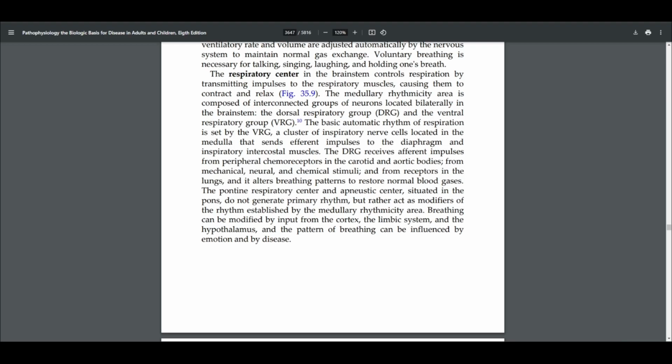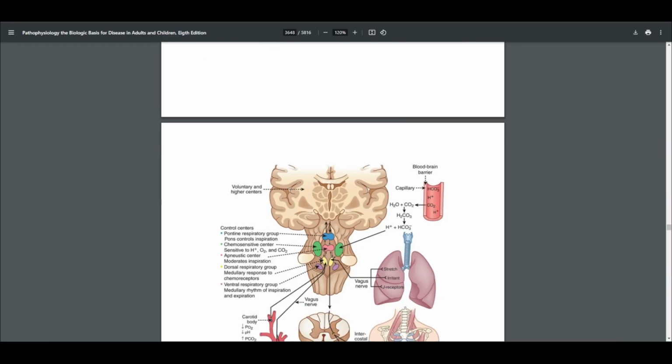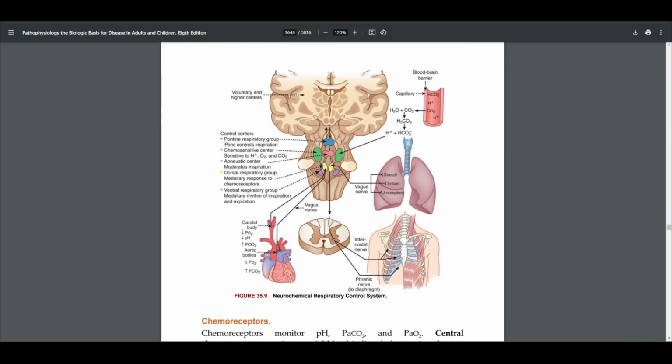Breathing can be modified by input from the cortex, the limbic system, and the hypothalamus, and the pattern of breathing can be influenced by emotion and by disease. Here we're taking a look at all the different ways your body may react to stimuli, the neurochemical respiratory control system. Again, it would not hurt to know which muscles can get affected.